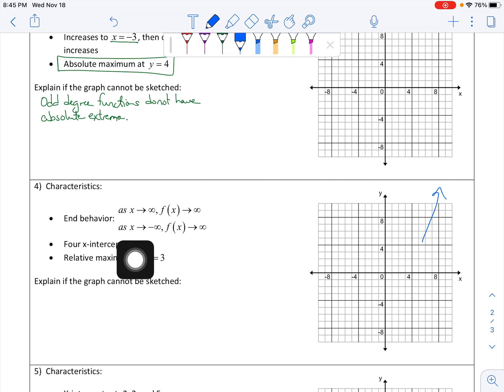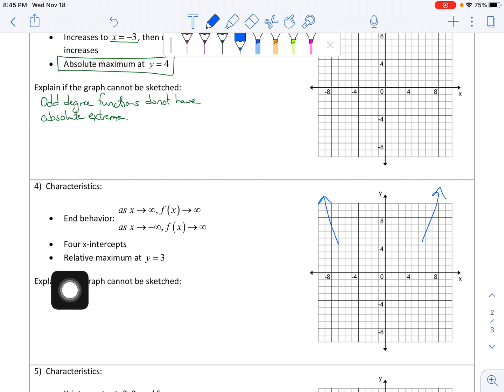All right. Now, obviously, there's more to the graph, and we'll figure that out. We have the other half of the end behavior. As x goes to negative infinity, f of x goes to positive infinity. So on the left side of our graph here, this is going to negative infinity. Our function is increasing. All right, it's going up to positive infinity.